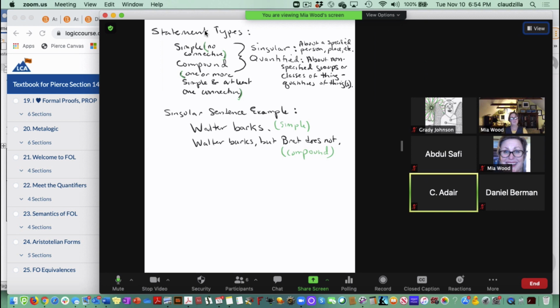So let me give you an example following along with the Walter and Brett examples that we just used. So, quantified sentence examples: something barks.